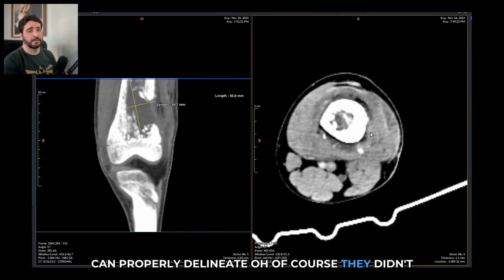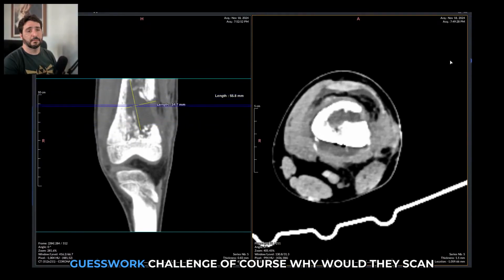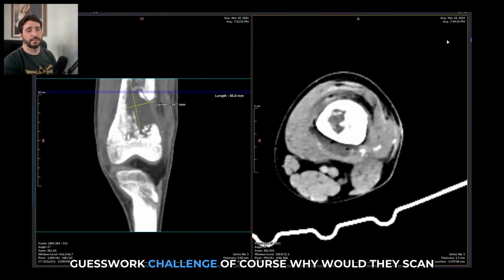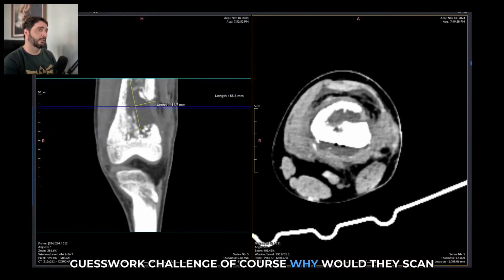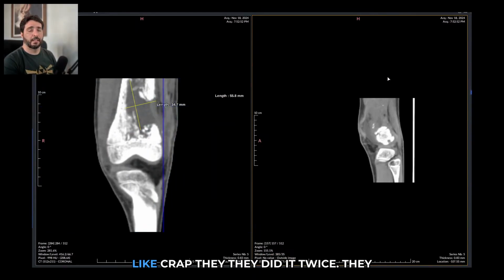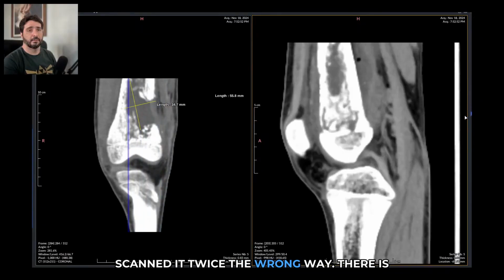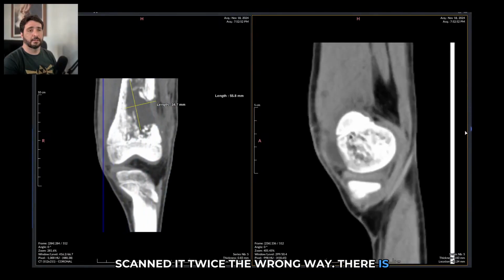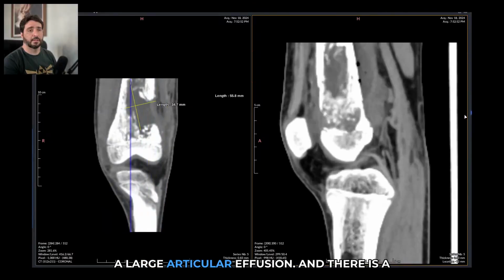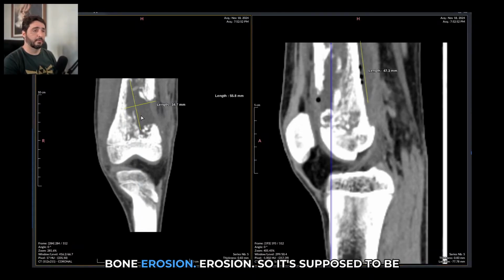Oh, of course, they didn't scan it all the way, so it's another guesswork challenge, of course. Why would they scan it all the way if they can just scan like crap? And they did it twice. They scanned it twice the wrong way. There is a large articular effusion, and there is a periosteal collection that looks a lot like the bone erosion.